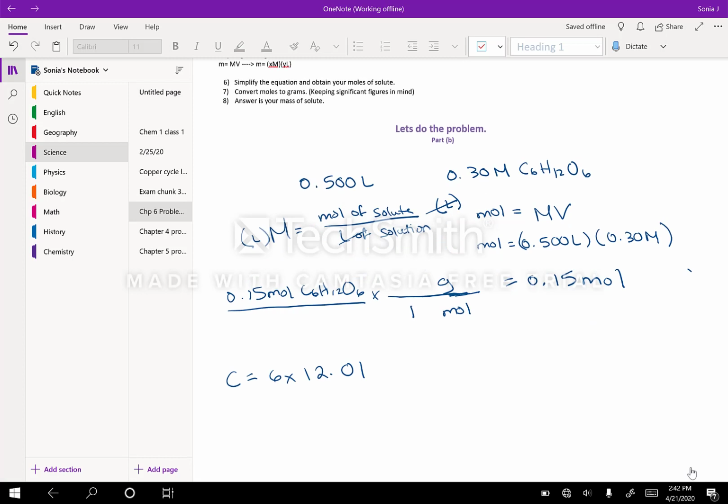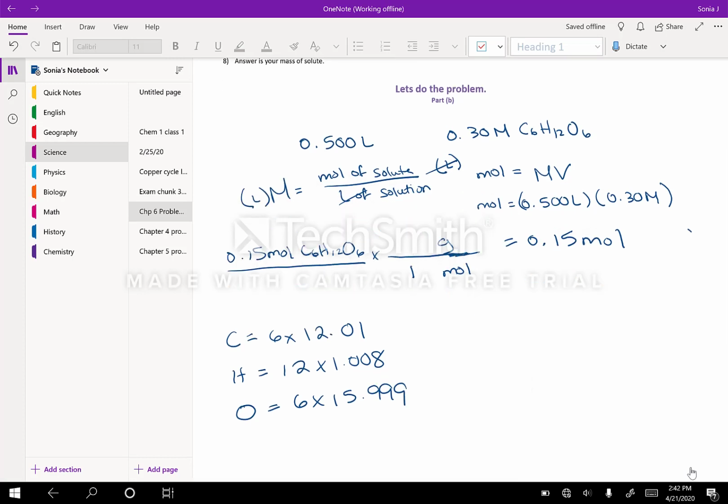And then hydrogen, which is 12 times 1.008, and you can get these values from the periodic table. And then oxygen, which is 6 times 15.999. The reason we're doing 6 for carbon is because the formula tells us that there are 6 carbons. The reason we're doing 12 for hydrogen is because the formula tells us that, and so on. Once we do this computation, our total comes out to about 180.14.